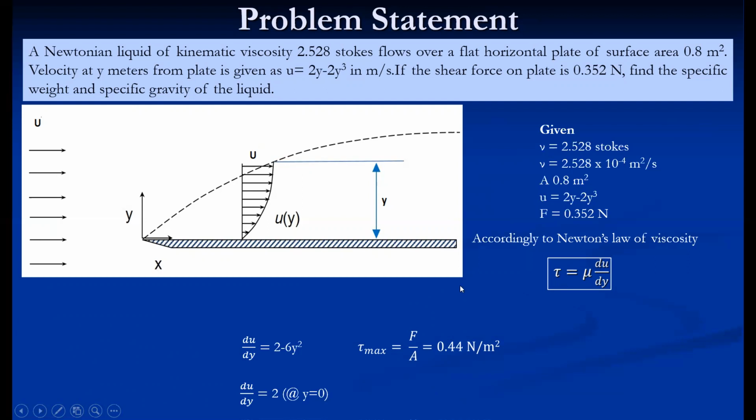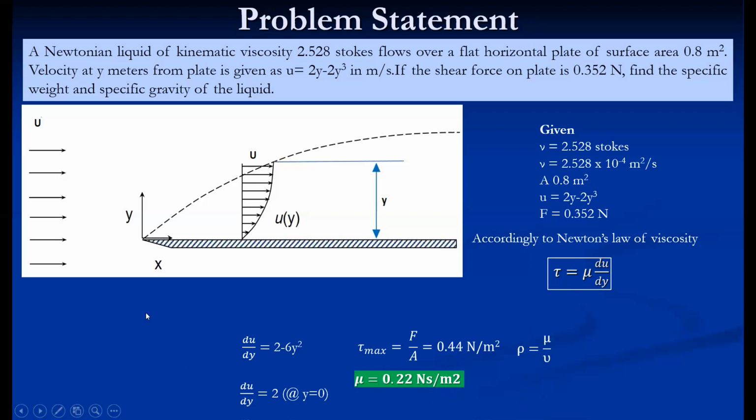Force is applied at the plate, so tau max is F upon A. Both values are then known to us, and the only unknown is mu. So we can calculate mu by putting tau max and du by dy here. It's 0.22 Newton second per meter square.